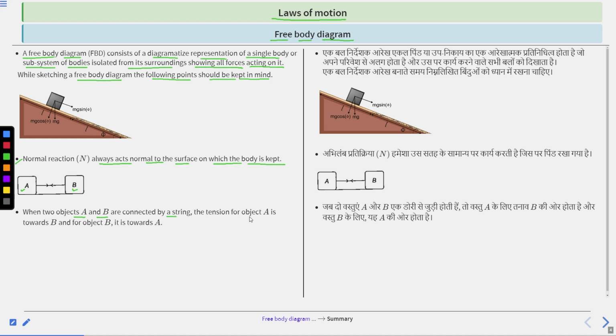The tension for object A is towards B, and for object B, tension is towards A. So when two objects are interconnected by a string, there is a force present, and that force is a tension force. Clear? In this diagram, the tension on A is towards B and on B is towards A. Clear? So this is the tension between the two bodies.